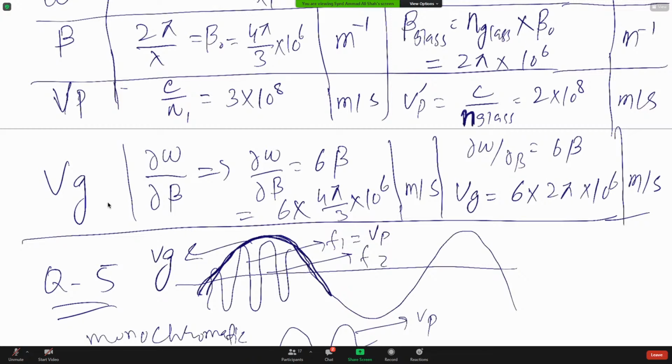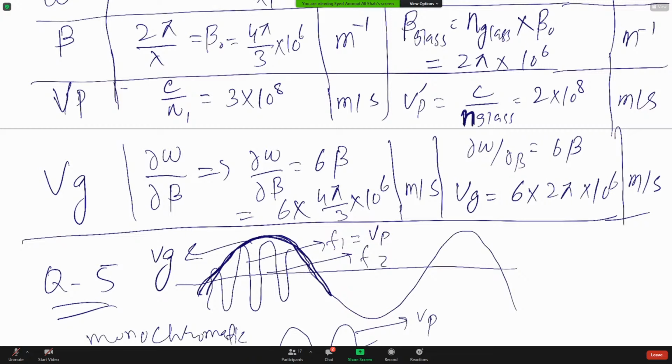So for the course, whenever you find Vg and you are given an expression like omega is equal to 3 beta squared, use that. Don't use c over ng.